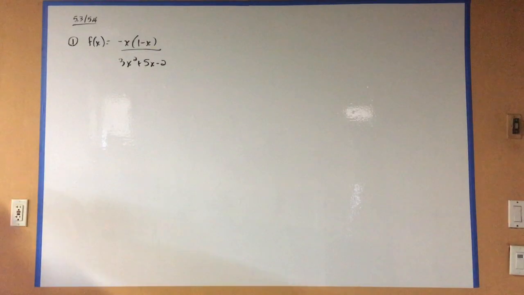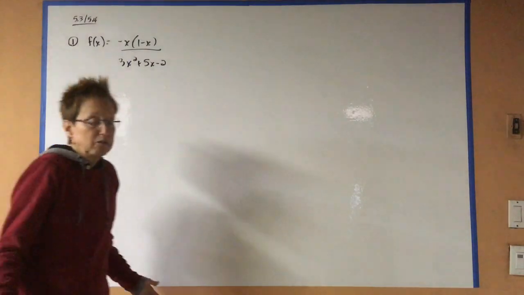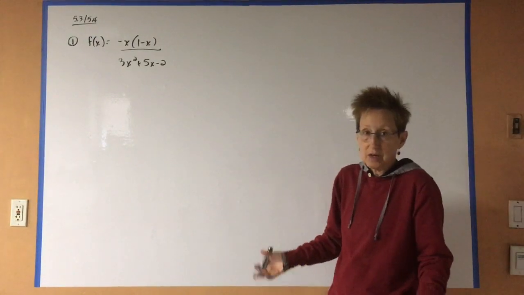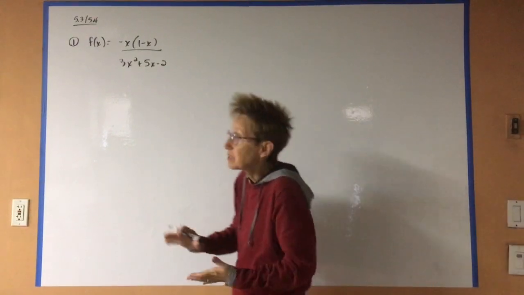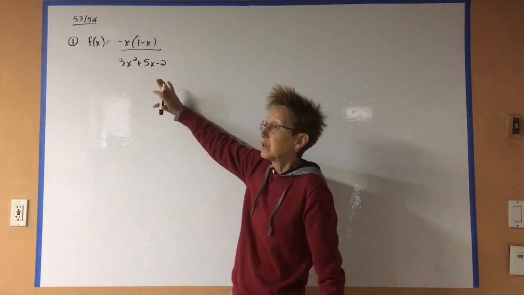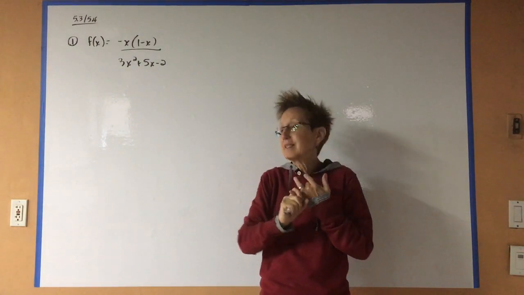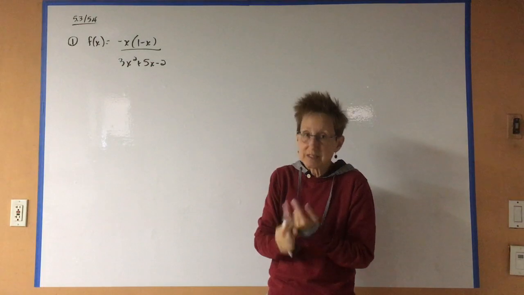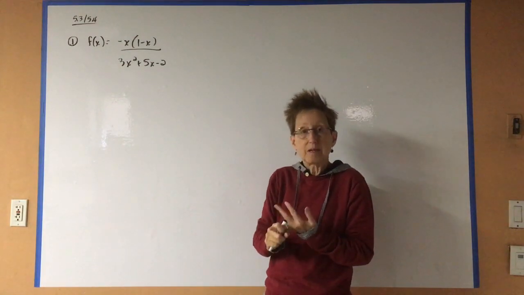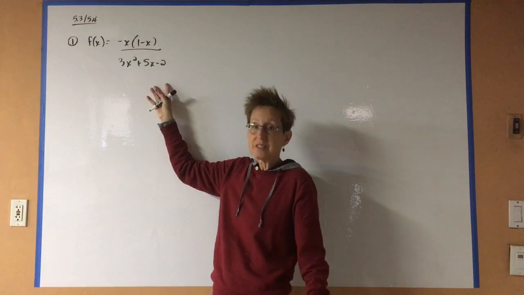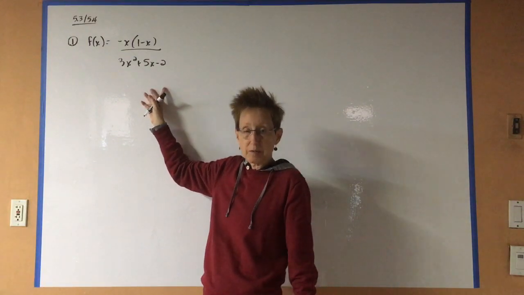And we're asked to find the domain, which means we're looking for what values are possible for x, which means I'm going to go look for restrictions. And we said restrictions come from x's underneath even roots like square roots, or x's in denominators. And I see x's in denominators here because it's a rational function. So that's where my issue is going to be with the domain.